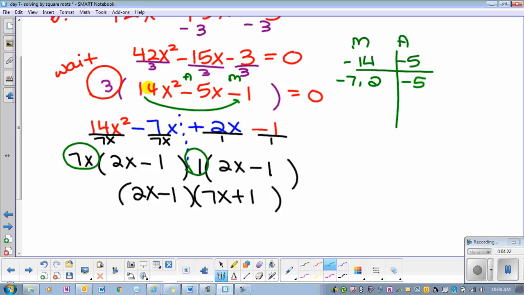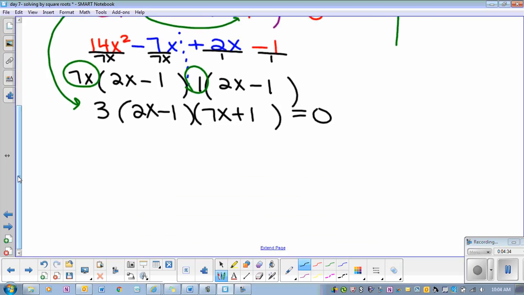And then please don't forget you had a GCF all the way in the beginning. And don't forget, all of this was equal to 0. And that's when you split it apart. So now you have to make all the little ones equal to 0. Every factor gets set equal to 0. So your mini equations: now I have 3 equals 0.